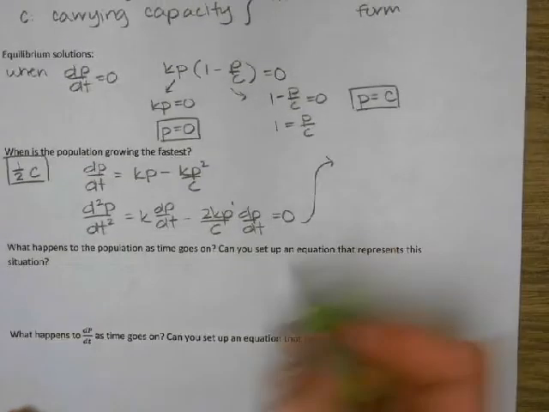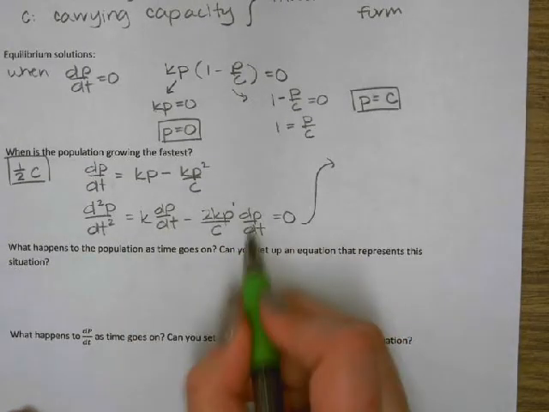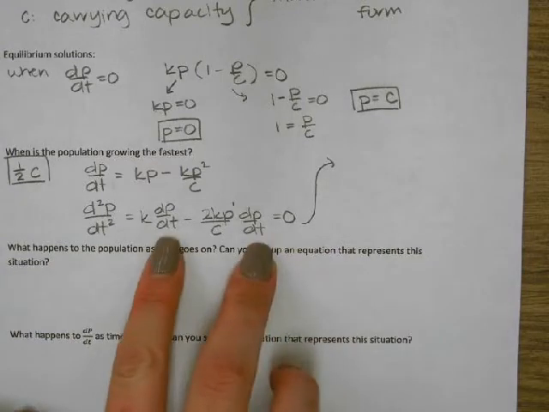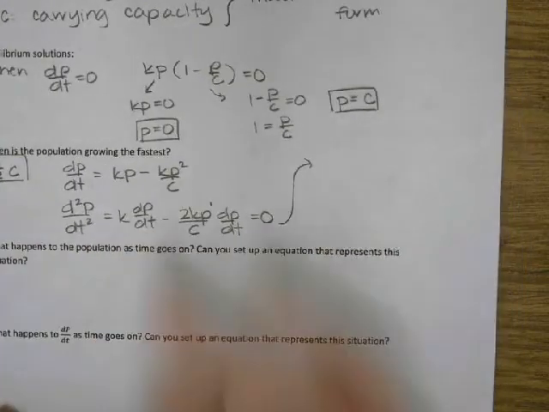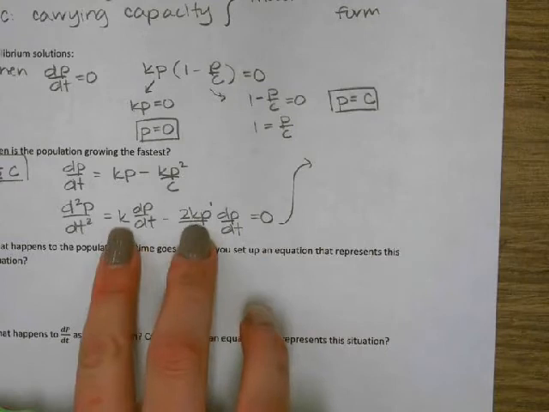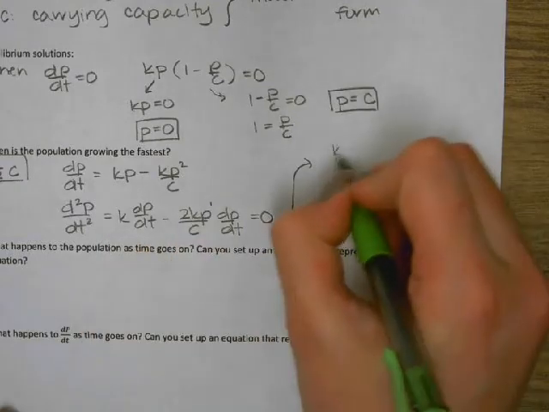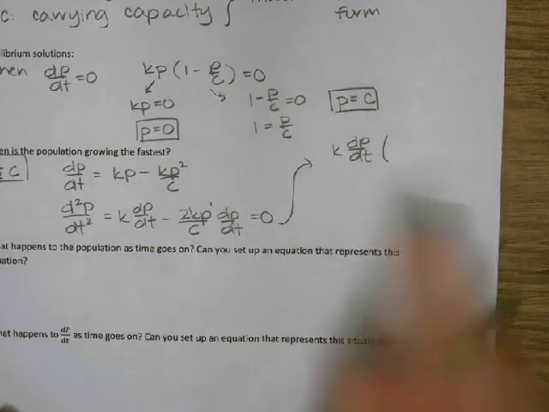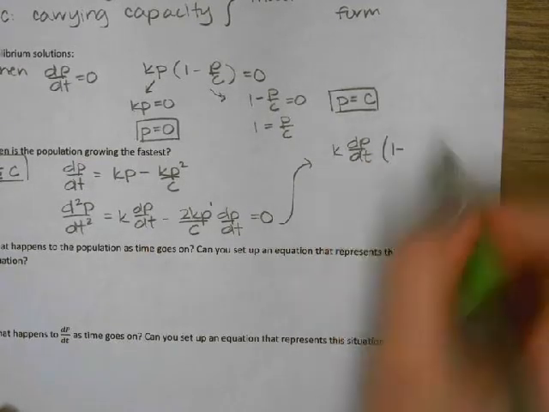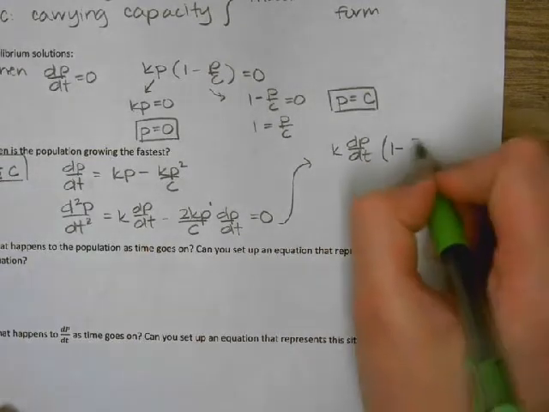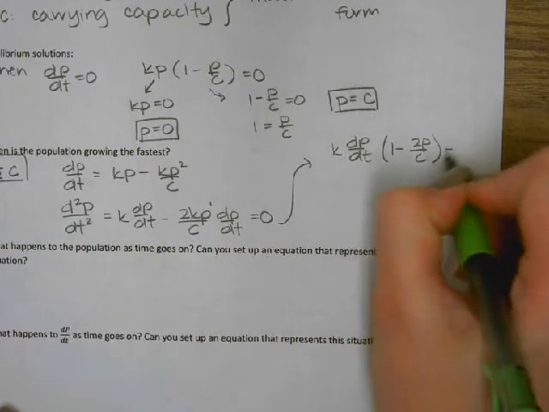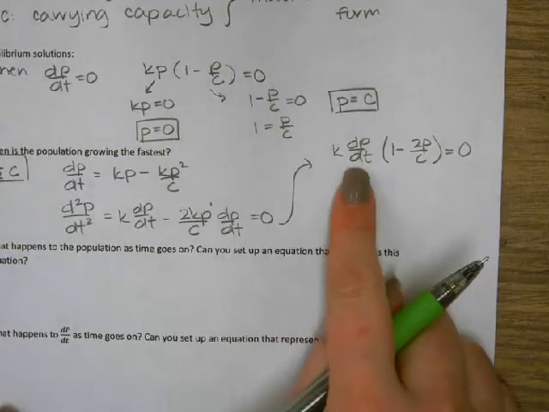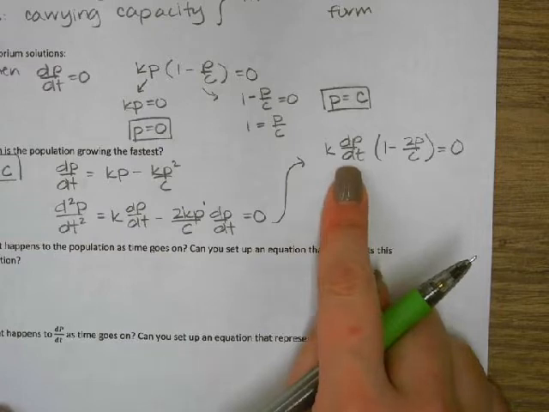Here I'm going to factor this to solve it. I can see that there's a common factor of dP/dt, and there's a common factor of k as well. So I'm going to take those out. Left over, I have 1 minus 2P over C equals 0. I already know the factor in the front is going to be 0.